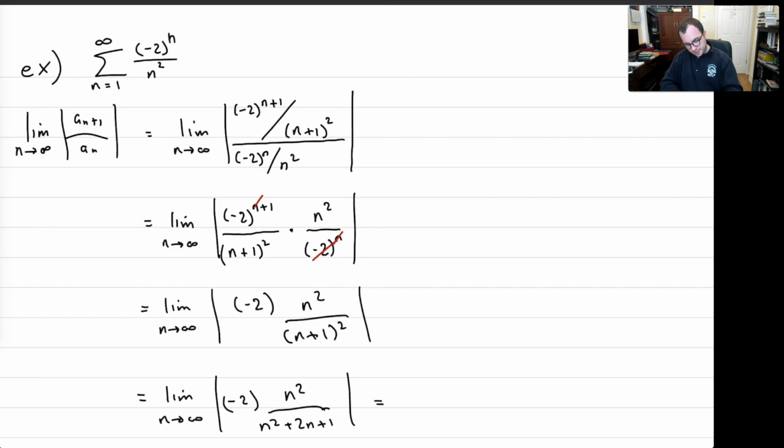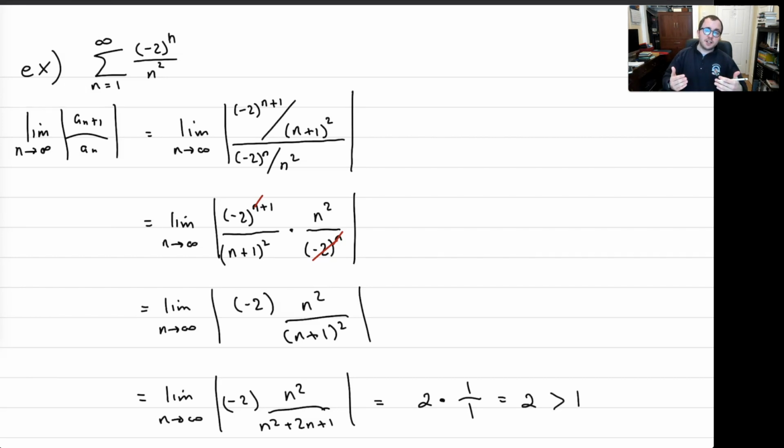and evaluate this limit. The absolute value of negative 2 is 2, and the limit of n squared over n squared plus 2n plus 1 as n goes to infinity is 1 over 1, because the leading coefficient of n squared is 1. The leading coefficient of n squared plus 2n plus 1 is also 1. So this limit is 2, which is bigger than 1.